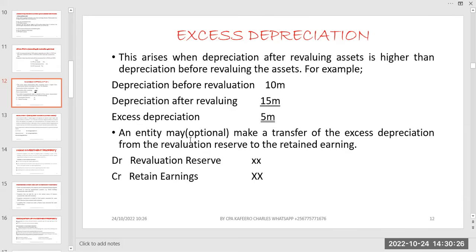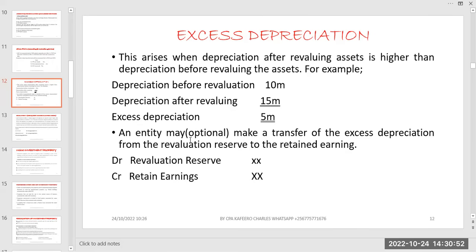It means we are going to have a revaluation that is a bit high or low, depending on the figure we've got. But if we get it when it is high, then that excess depreciation is supposed to be treated as an income, and it is taken to the retained earnings.